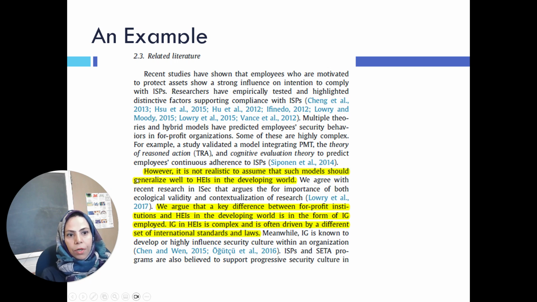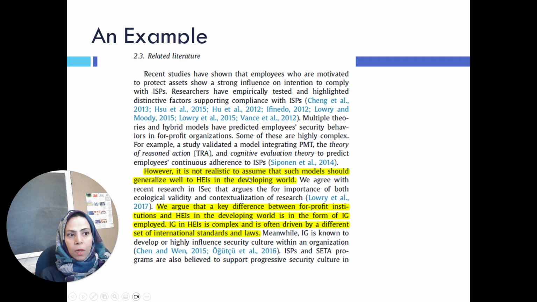And here is their critique. Okay, having these three, what is the problem over here is it is not realistic to assume that such models should generalize well to HEIs in the developing world. तो फिर देखें, उन्होंने इस aspect को critique किया कि yes models exist करते हैं, they might be complex, या फिर factors भी researchers ने highlight किए हैं.